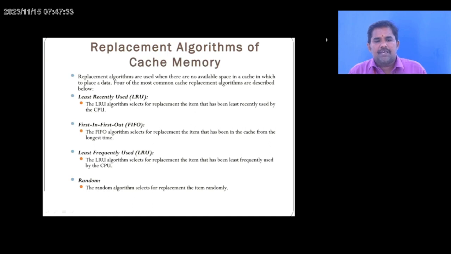Of course, the random method is also an algorithm used in cache memory to flush existing data to create space for new data.